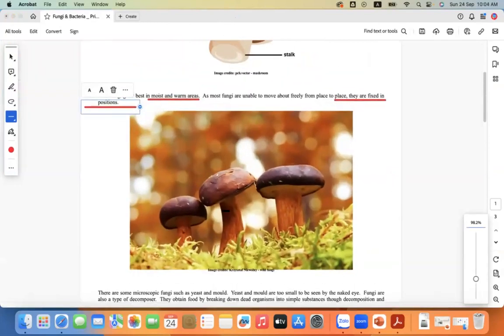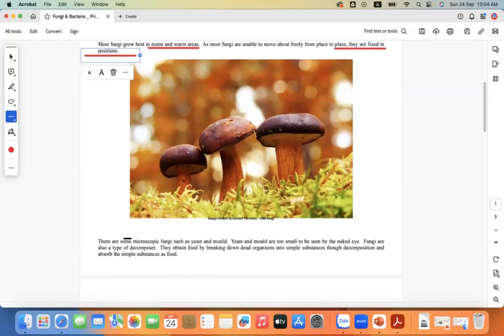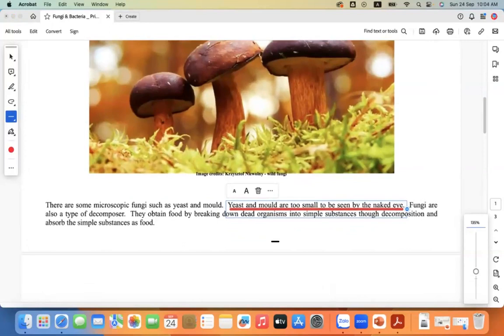Most fungi are like mushrooms; once they grow there, they cannot move at all. There are some microscopic fungi such as yeast and mold. Yeast and mold are too small to be seen by the naked eye. So this is a point to remember.